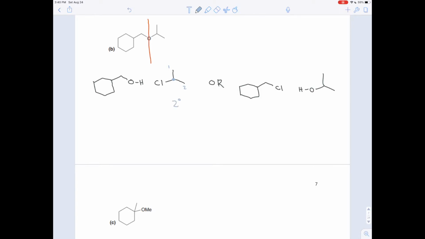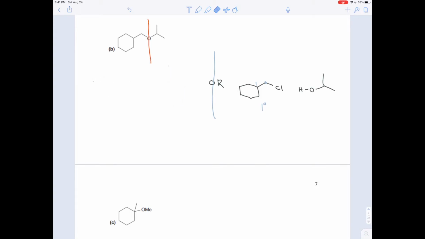If you look at the other halogen in the other scenario, that halogen is bonded to a carbon. How crowded is that carbon? That carbon is only immediately bonded to one other carbon, and so it is a primary. Primary is less crowded than secondary. And so we want to go with that second possibility.